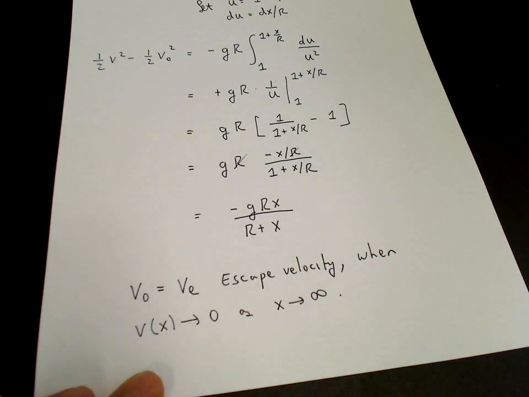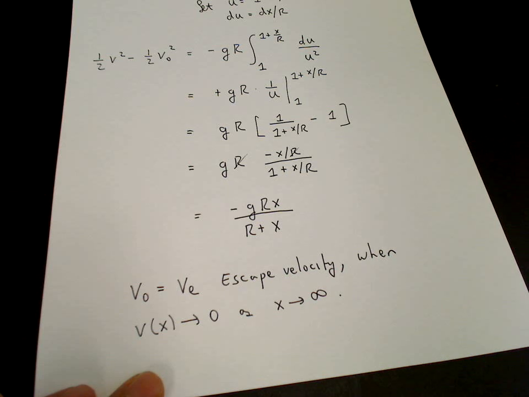The minimum velocity required to escape the gravitational force occurs when you shoot the object from the Earth's surface at just the velocity where it goes up and slows down and doesn't ever exactly stop, but it goes to 0 as x goes to infinity.